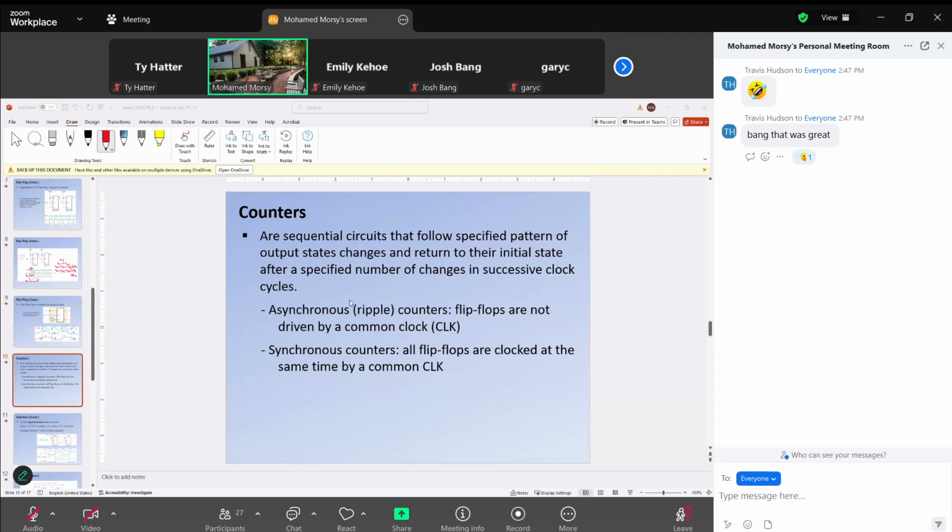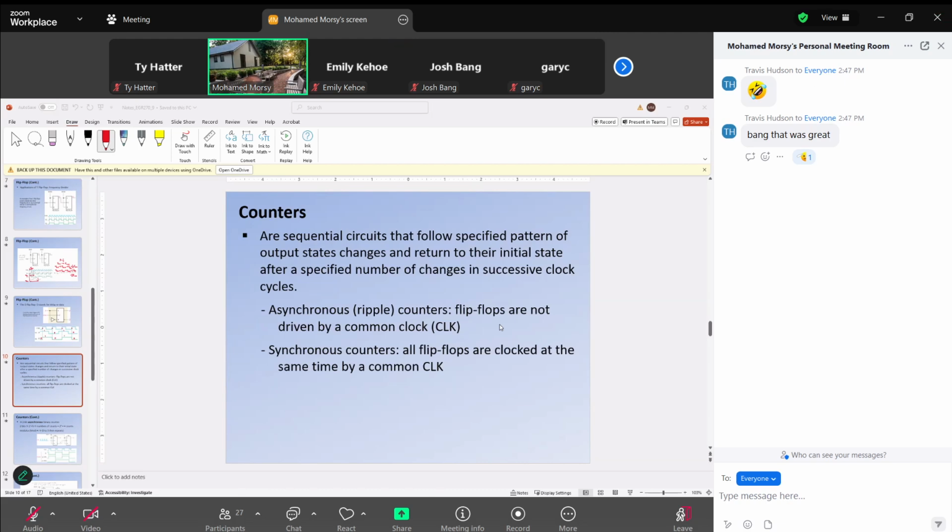There are two types of counters, asynchronous and synchronous. Asynchronous is also called ripple counters. What is the difference?